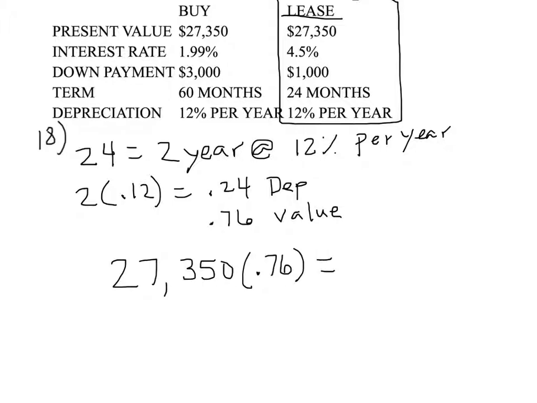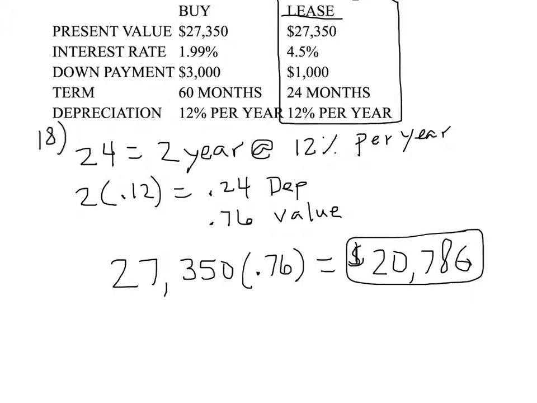And so when you multiply that, you end up getting $20,786. That is the value of the car after 2 years. It depreciated by 24%, so therefore 76% of the value is still left. So you take the original price of the car times 0.76, and that gives you its new value after 2 years.